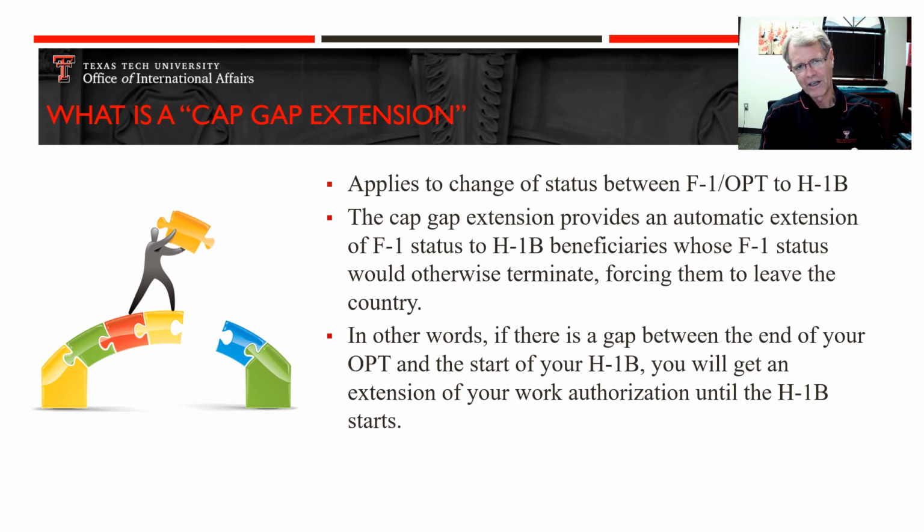So you can fill that gap through this provision that's been made. And that would mean that you could work from July until October when your H1 starts, after your OPT F1 EAD stops. Again, this is only relevant to students who are on F1 and are going to have the opportunity to change to an H1 work visa.